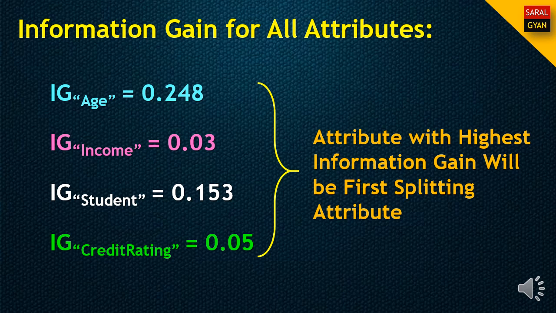That means this attribute will be selected for the first splitting. That's why the concept of information gain is required. It is essential because it is one of the tools by which we can identify our first decision making attribute on which we can do splitting.